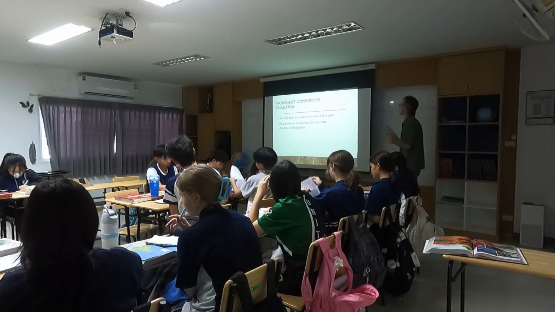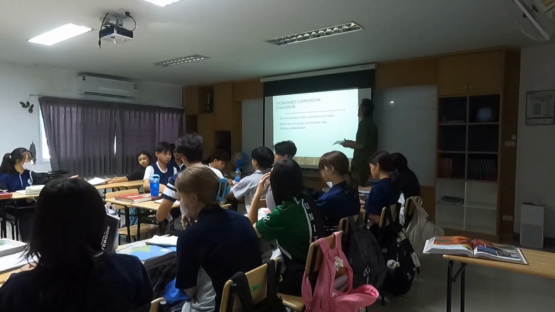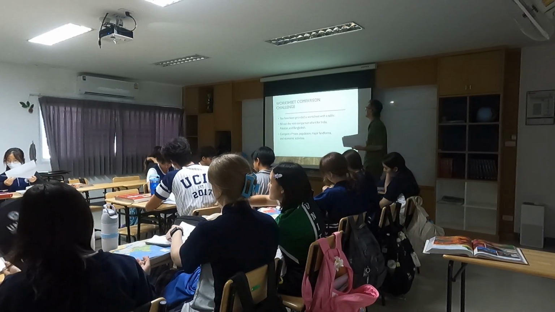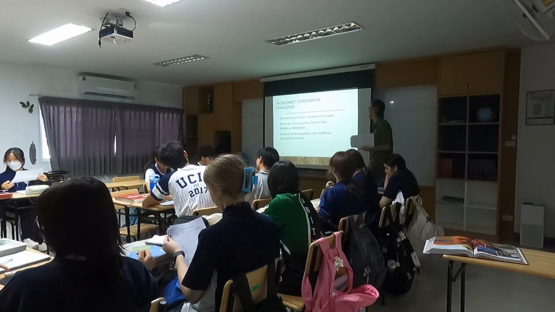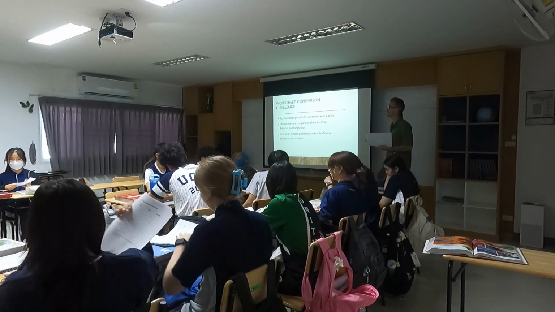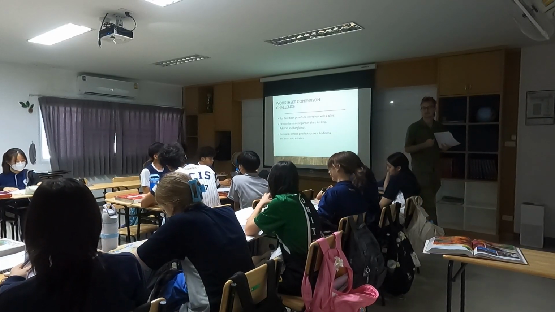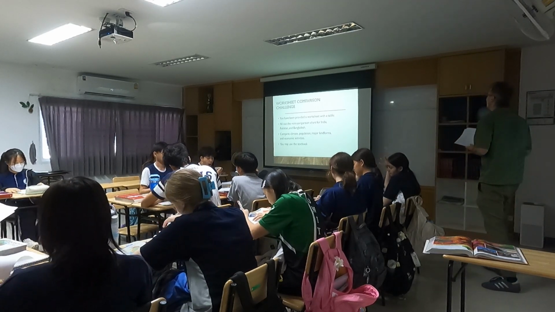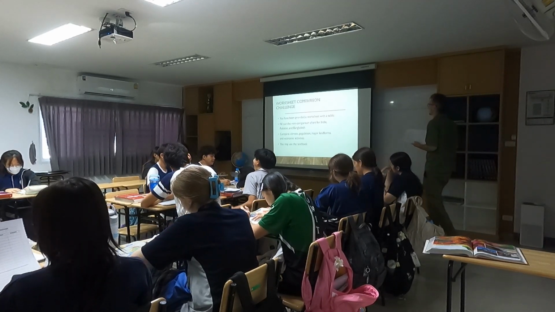Okay, what I want you to do, you need to fill out the mini comparison chart for India, Pakistan, and Bangladesh. You need to compare the climate, the population, major landforms, and the different economic activities that take place in these three different regions. Okay? You may use the textbook.